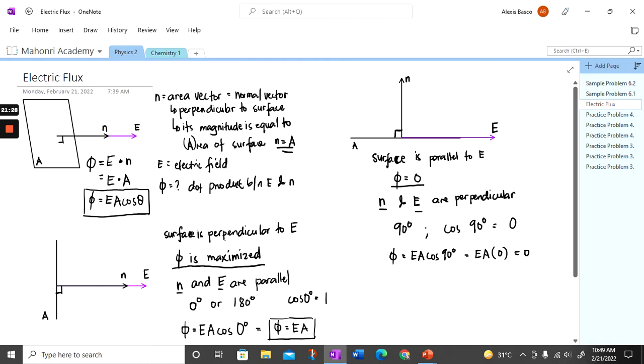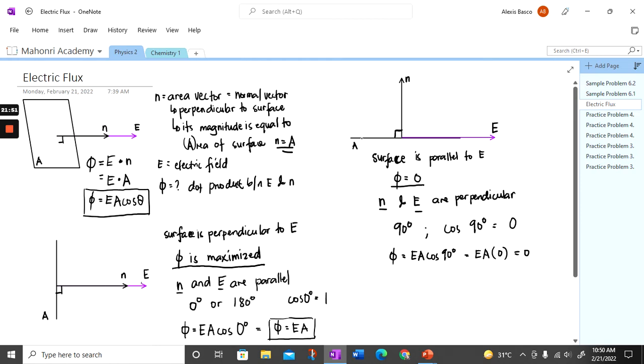Okay, so my electric flux is maximized if my surface is perpendicular to E, which makes my area vector parallel to E. And my electric flux will be 0 when the electric flux is not passing through the surface, right?